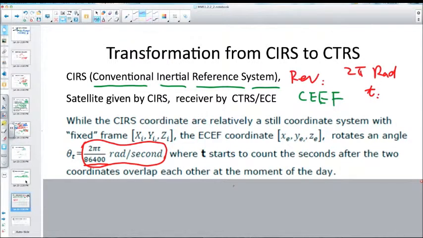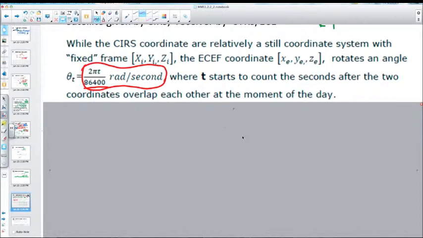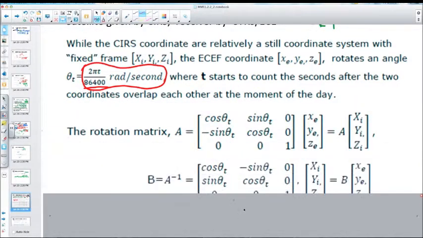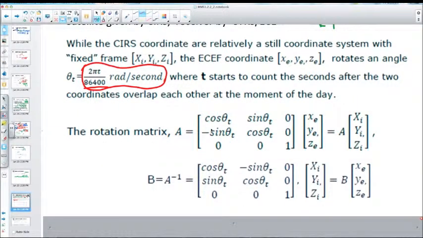So how much apart? The angle is this, theta t. To translate it, it's nothing more than multiplying by this rotation matrix, A. To translate it back, you multiply by A inverse, which is B, a little difference. Again, the difference is this two negative.